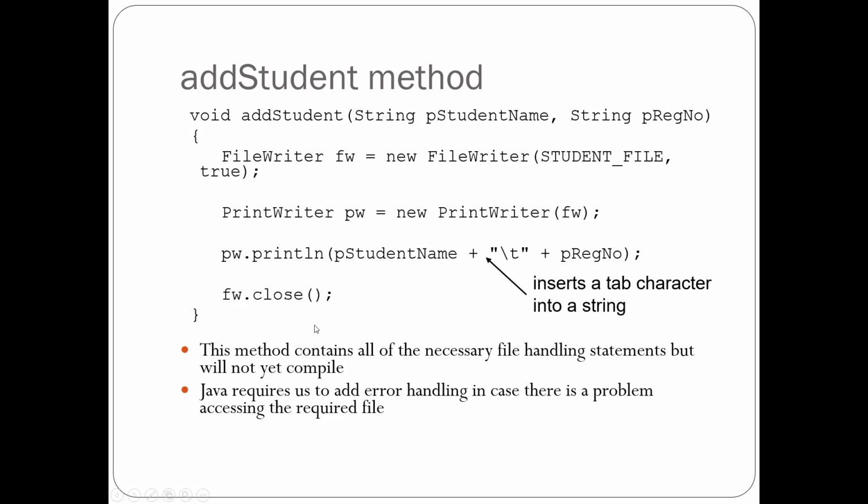Okay, so they're all the file handling elements that we need to include until Java actually forces us to add a little bit more, and that's all to do with error handling, because potentially when you're talking to files that are outside of your Java program, there can be problems, so we need to be able to handle those errors.